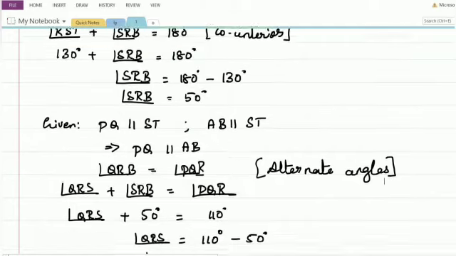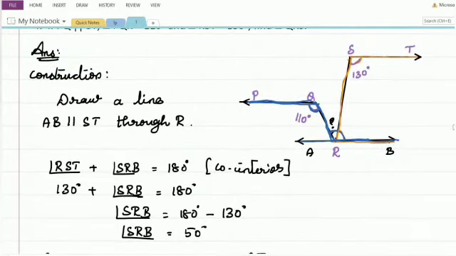Okay. So first you have given a construction that AB is parallel to ST, which passes through the point R. And I have taken this ST parallel to AB, and this is the transversal line. So when I add 130 plus angle R, it is giving 180 degree, which is co-interior angle.